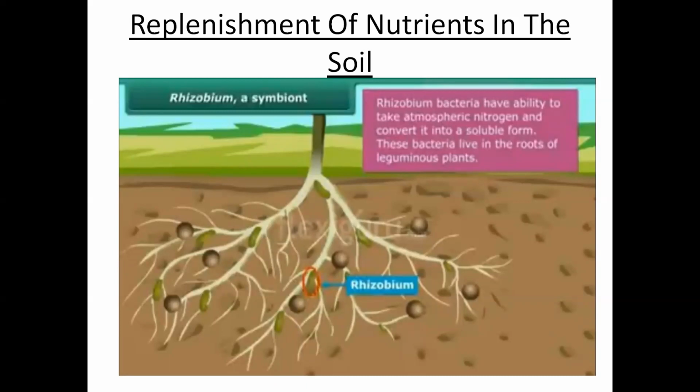They get shelter in the roots of the plants, so nodule-like structures appear on the roots of the plants. They convert atmospheric nitrogen into a usable form for the plants, and plants get benefited. So this was about replenishment of the nutrients in the soil.